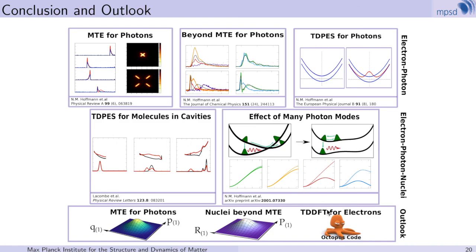We for sure also want to go to a sampling method there for the nuclear degrees of freedom, but here we have to be really careful because, as I said in the beginning, our nuclear wave packet will encounter a lot of avoided crossings if you have many photon modes, and we will need a method which can deal with a lot of avoided crossings.